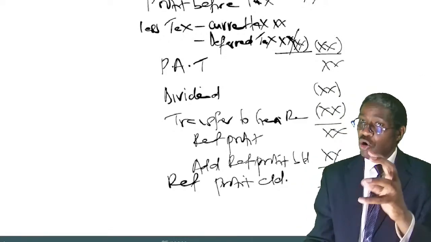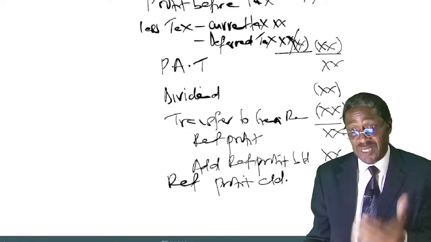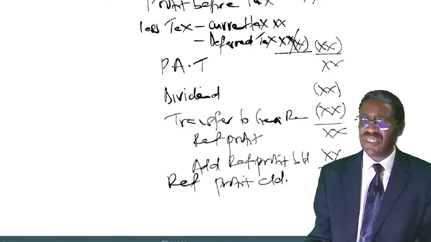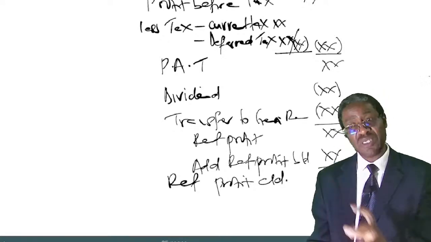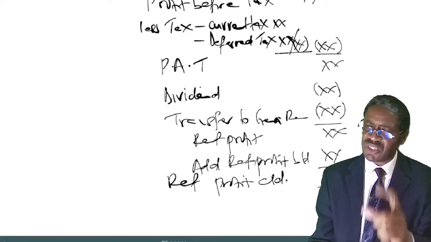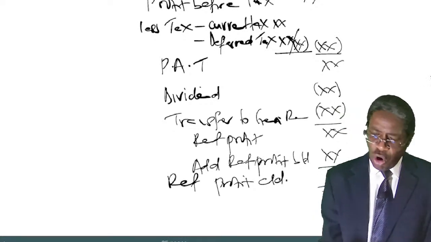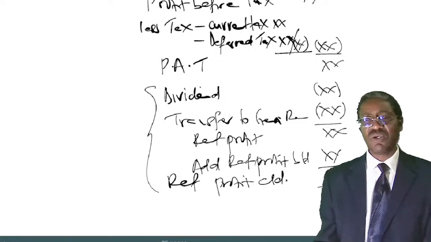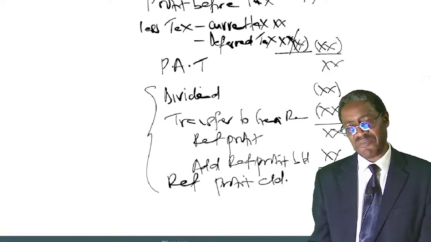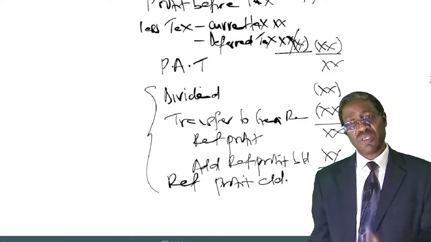Or when you are preparing your income statement for internal reporting purposes, then you can complete the income statement. But when you are required to prepare this income statement for publication purposes, then all those appropriations should not be done in the statement of profit or loss.